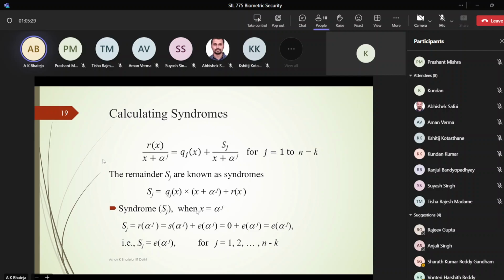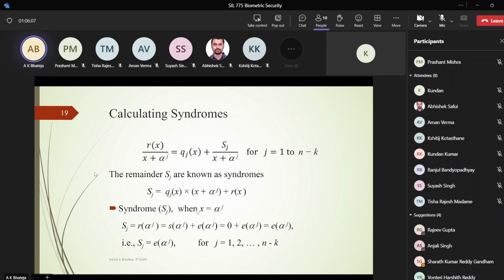So S_j is equal to Q_j(x) into (x plus alpha to the power j) plus the remainder. Putting x equal to alpha to the power j, S_j is equal to R of alpha to the power j. This is the value of the syndrome S_j.